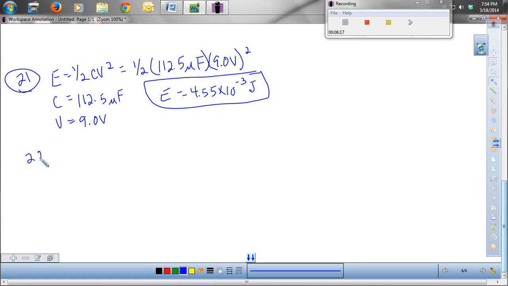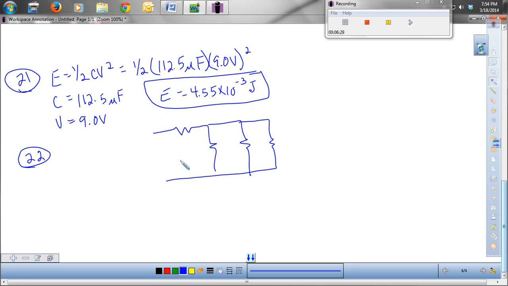All right, 22. 22, you had a circuit. There was a resistor here, then there were 3. And then there was a resistor right in here. And I left that out, so let me draw that for you. Battery. So this one up here was 58 ohms. Call that R1.